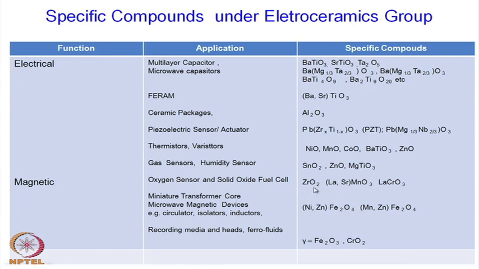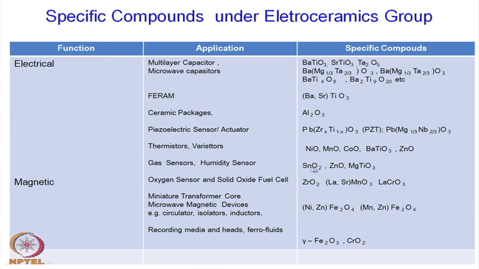You can make oxygen concentration cells or electrochemical cells using some of the solid oxides, particularly zirconium dioxide. Zirconium dioxide has a very interesting property.